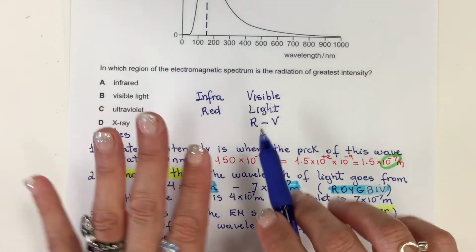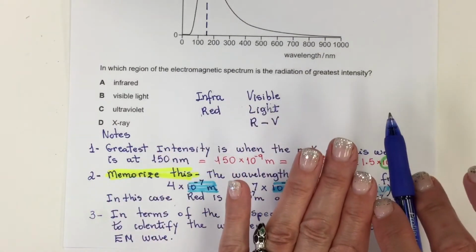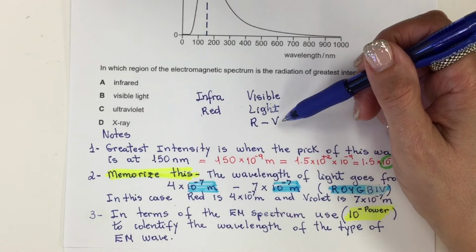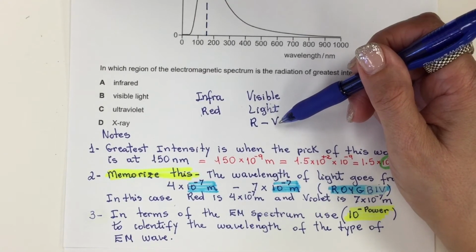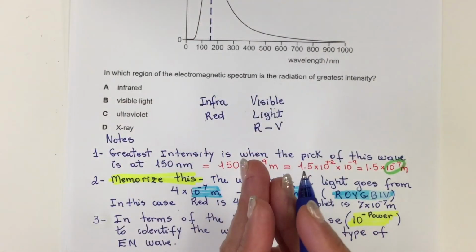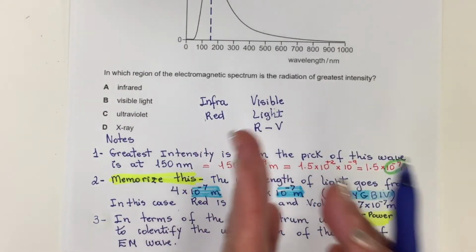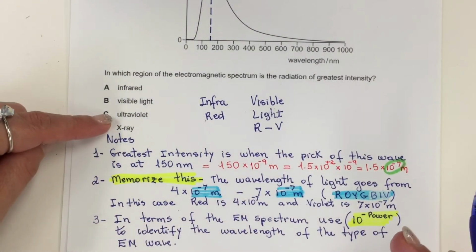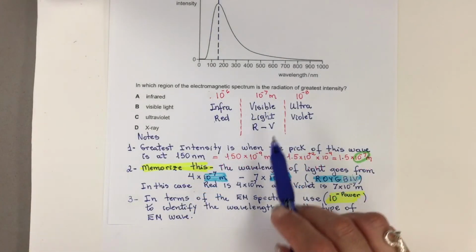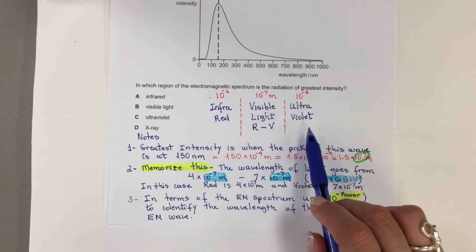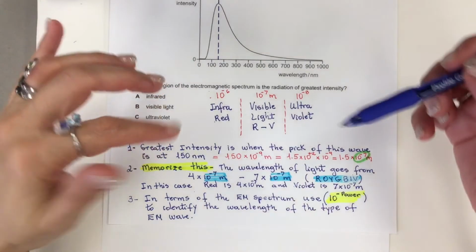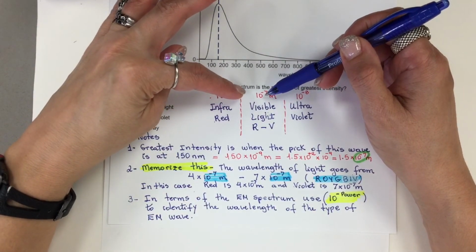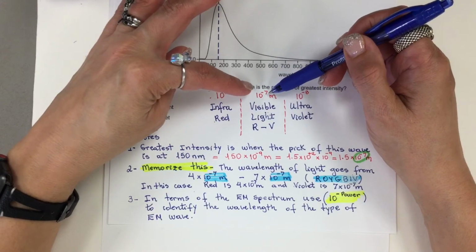Now let's look at what happens after visible light. The last color for the visible light is violet, so the type of wave that goes after violet is ultraviolet. Now we have ultraviolet and the visible light being 10 to the minus 7.